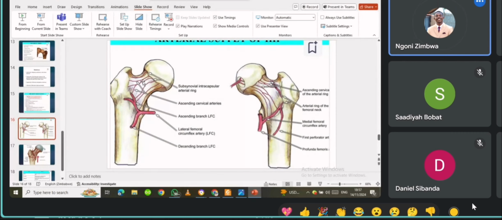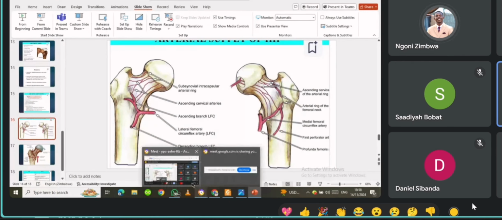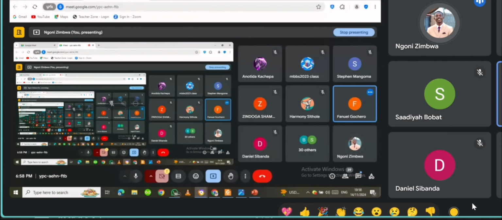You're getting it? So in posterior dislocation, we are not affecting the neck. We may affect the artery of the head of the femur, but it's insignificant. Okay. Thank you so much for the question. So we proceed.